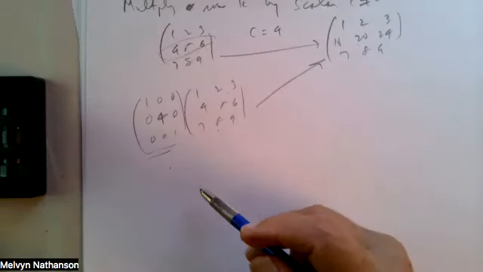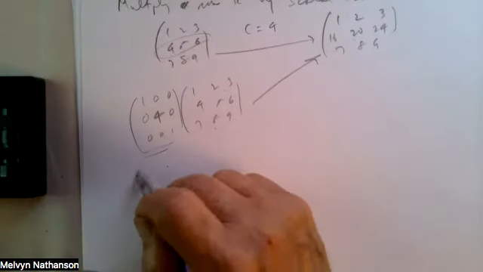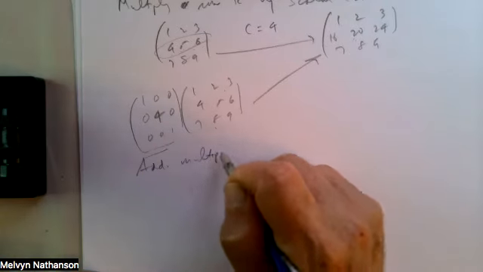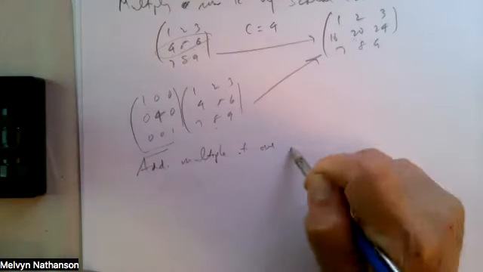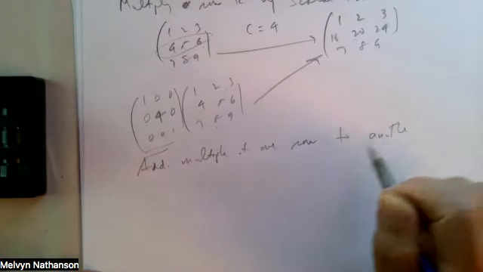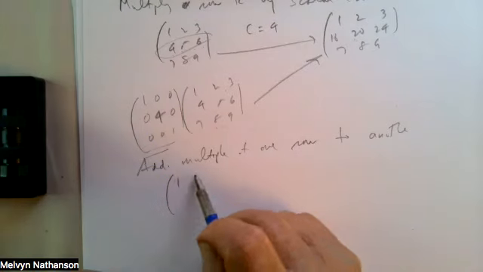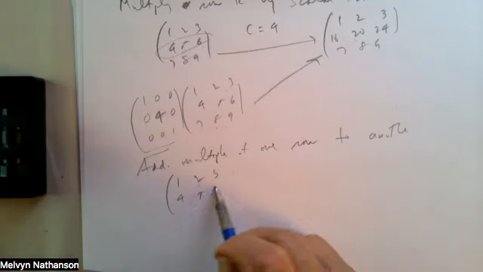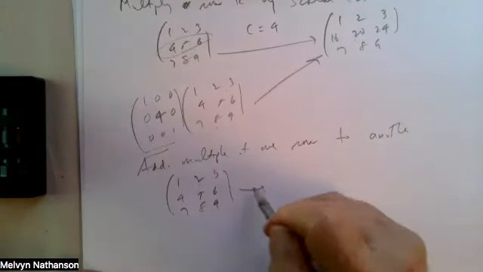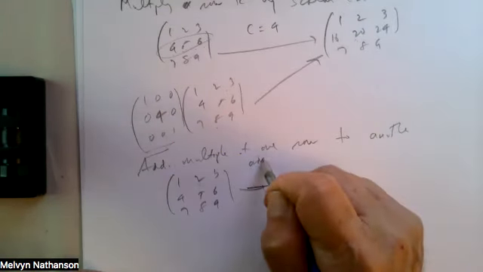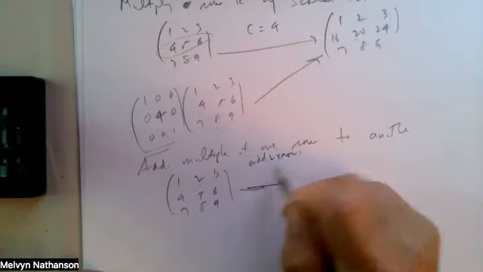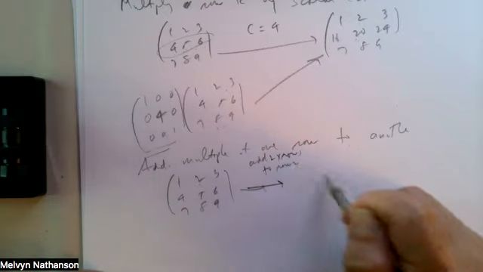And finally, the last elementary operation is to add a multiple of one row to another. Suppose I take the matrix 1, 2, 3, 4, 5, 6, 7, 8, 9, and I want to add 2 times row 1 to row 2.